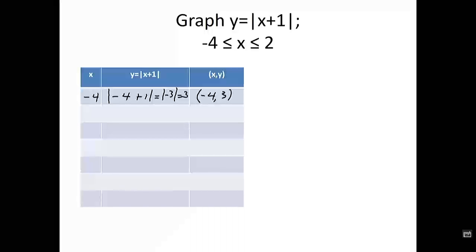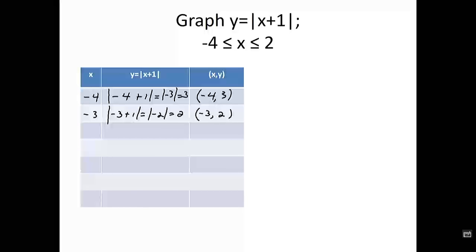The next x value is -3. So when x is -3, we have the absolute value of -3 plus 1, which is the absolute value of -2, which is 2. The corresponding ordered pair is -3, 2.